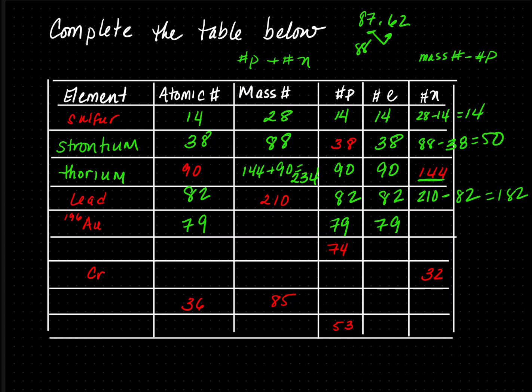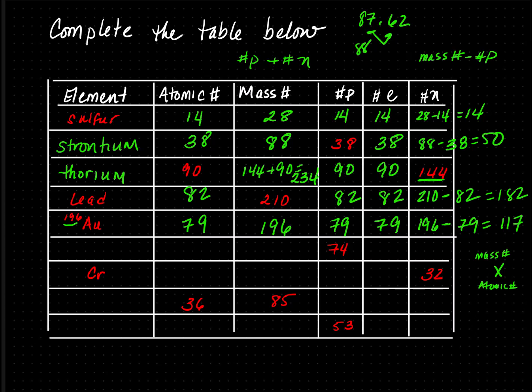Remember the format: the element's top number is the mass number, symbol A, and on the bottom is the atomic number, symbol Z. Since the mass number is given, we do not use the atomic mass on the periodic table. So this is 196 minus 79, which equals 117.